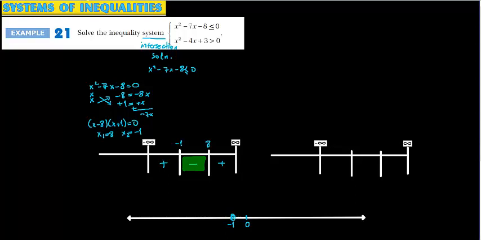I'm going to make an open interval for minus 1 here, and the second one is going to be 8, not 7, so 8 also is an open interval, and I'm going to do it like this here.